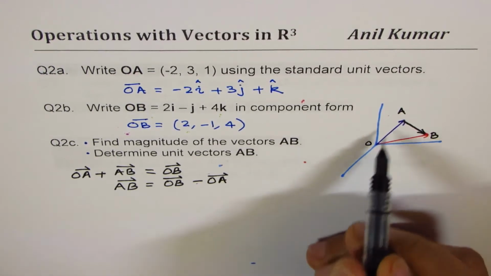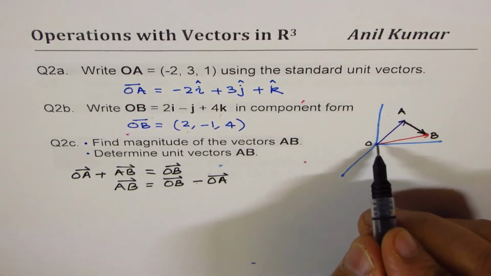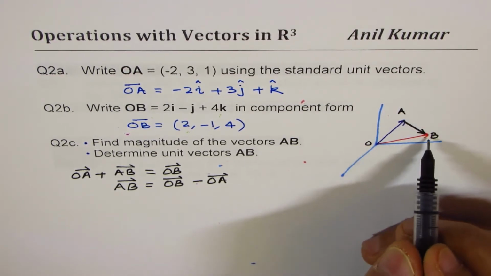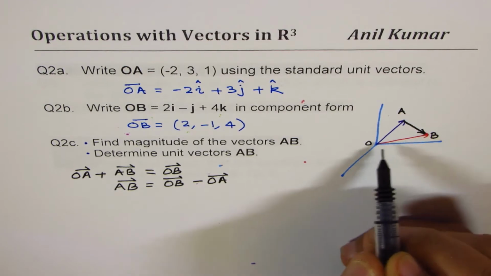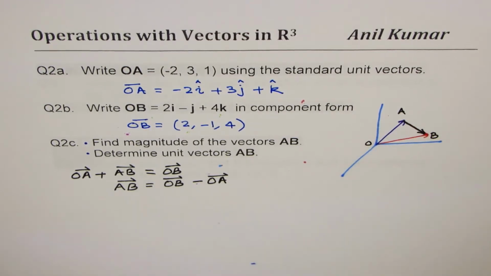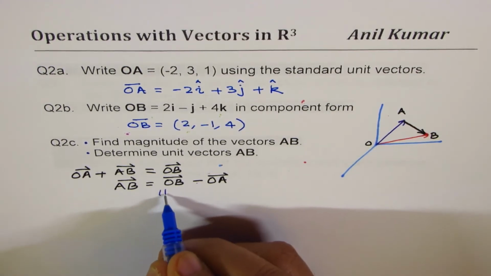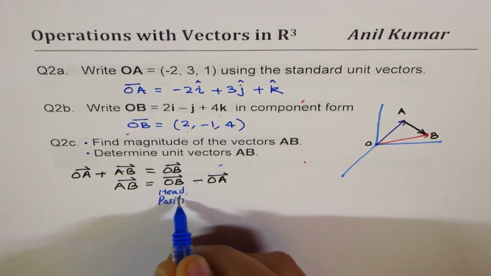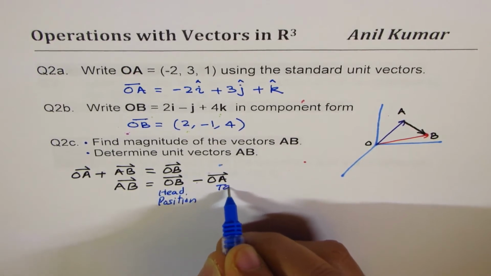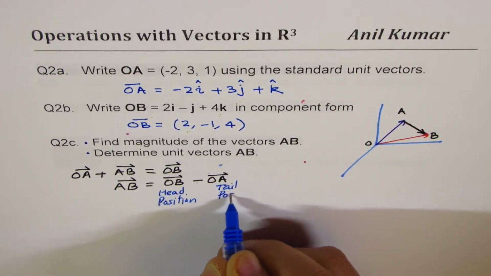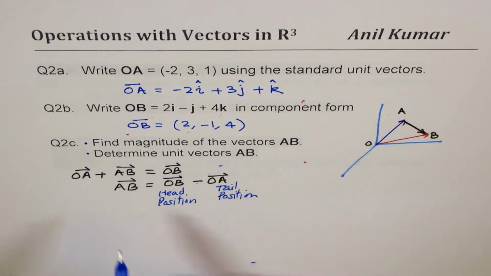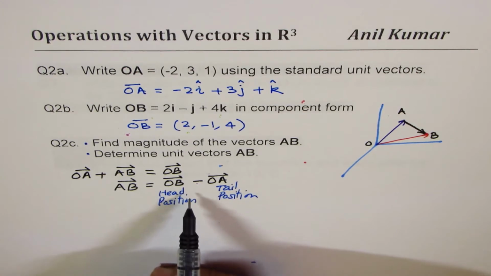We can find vector AB as OB minus OA. You can see here, position vector B is the head and that is the tail, right? Their difference gives you the vector as such. You get an idea, right? So that is how you should do it.